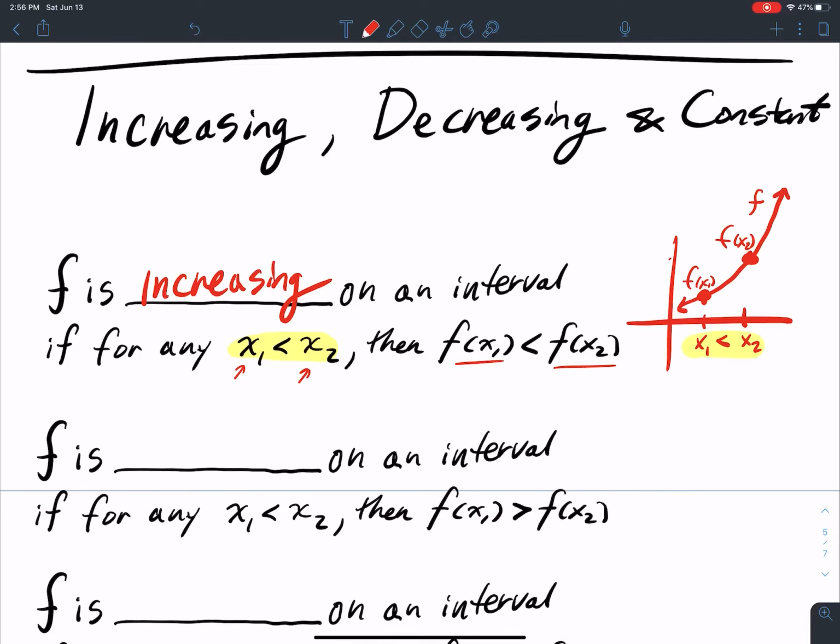So maybe this number is 5, whereas this number was only 2. All right, so that's the idea. Increasing, we're going up when we go from left to right. That would be an example of increasing.